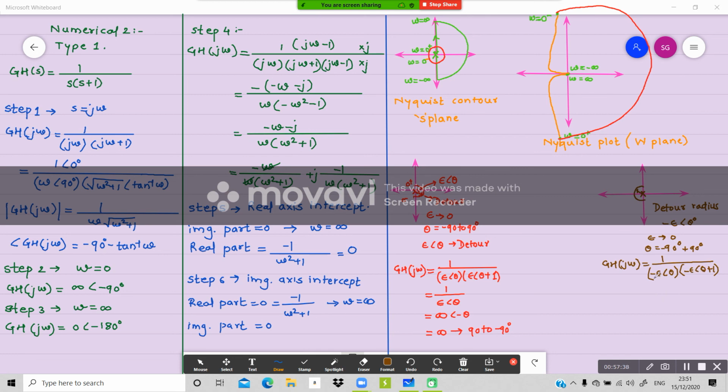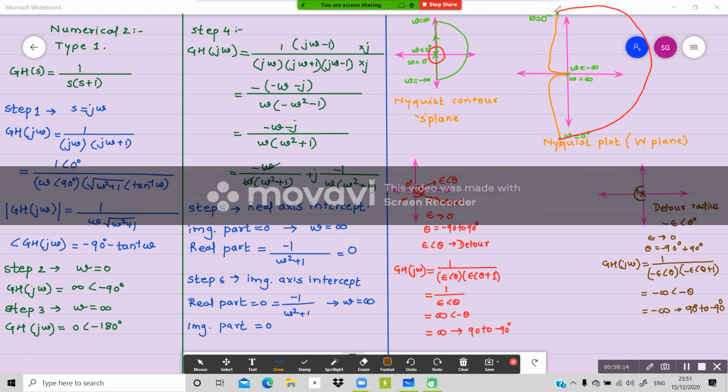So it is 1 upon minus epsilon, so it will be minus infinity at an angle of minus theta, correct. Let me write again. So that means minus infinity at an angle of minus theta, again 90 to minus 90, correct. So over here plus 90 to minus 90, but minus infinity.